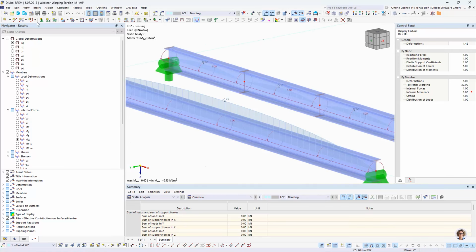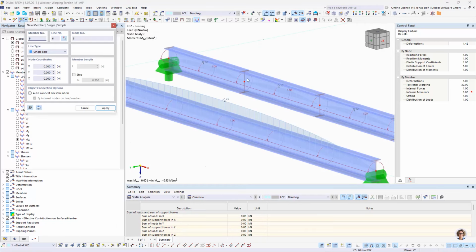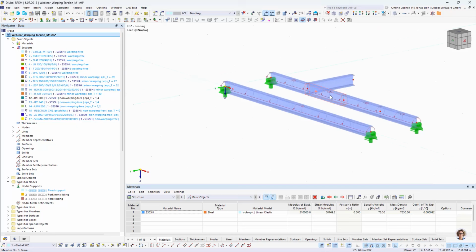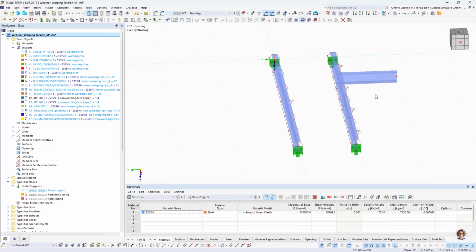So if we have a member that connects from the side here, connecting in this point, it wouldn't be so clear anymore how the warping degree of freedom, which is again transferred by the flanges, is transferred to the member that runs in the other direction.